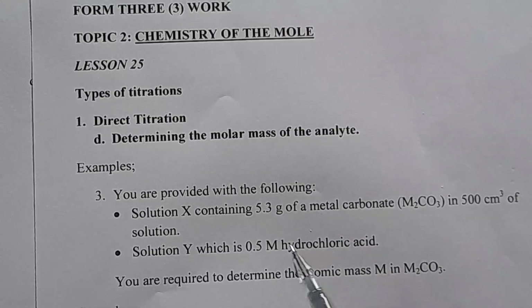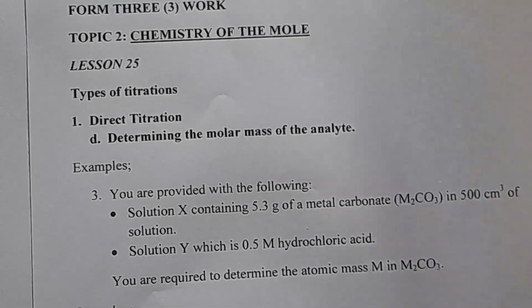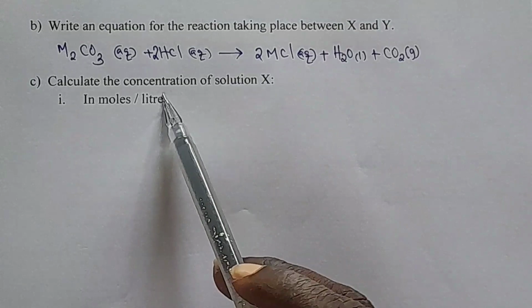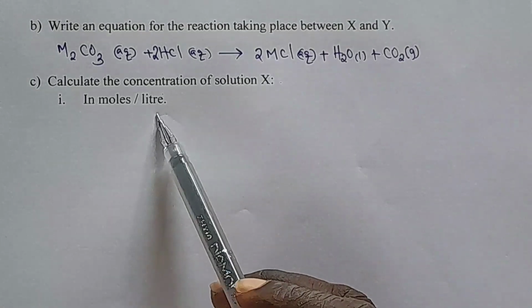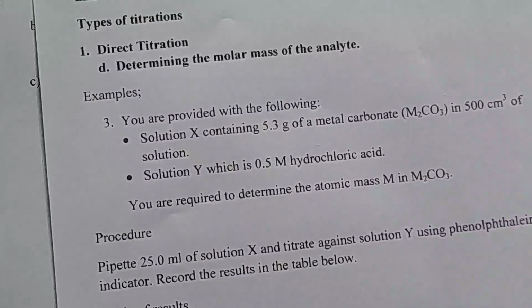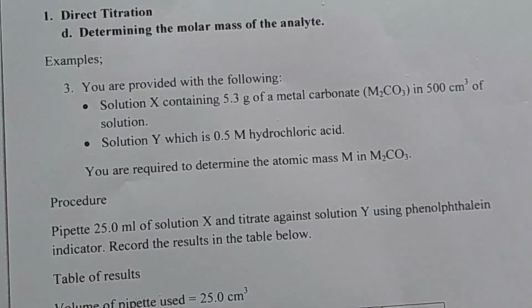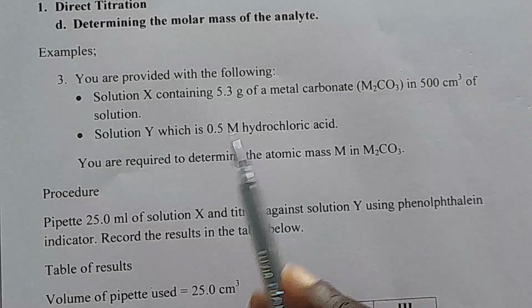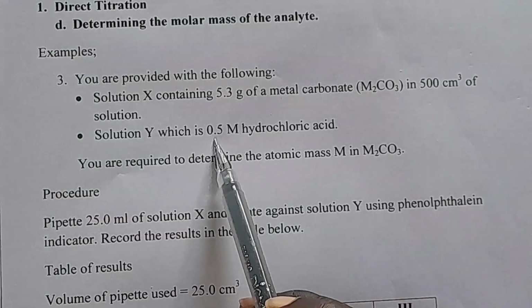But what we are asked is the concentration in moles per liter, that means the molarity. So we have to go back to solution Y, because it is the one that reacted with solution X, and we are given its molarity and we have its volume as 10.0.